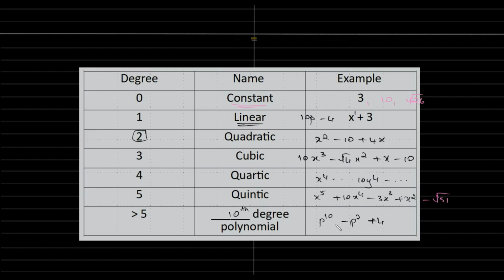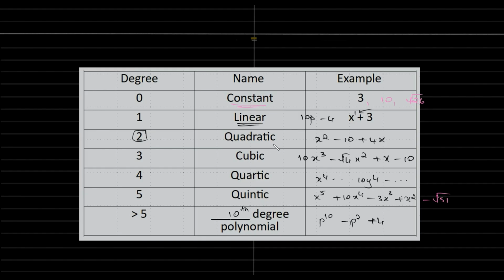Please note that you need not have all the terms. Here I have only 3 terms, but the degree is 10. That's okay. There's nothing wrong in that. But you need to know how to name it, because the language will be used in different places, so you should not get confused when the teacher talks about a linear equation or expression. It means that the power is 1.